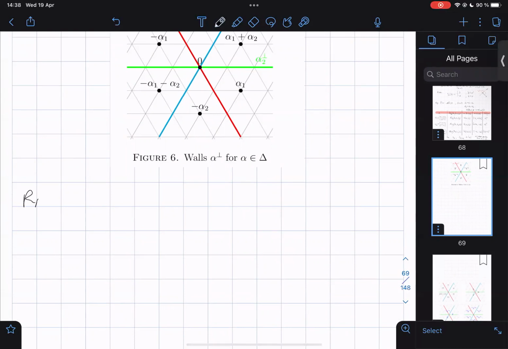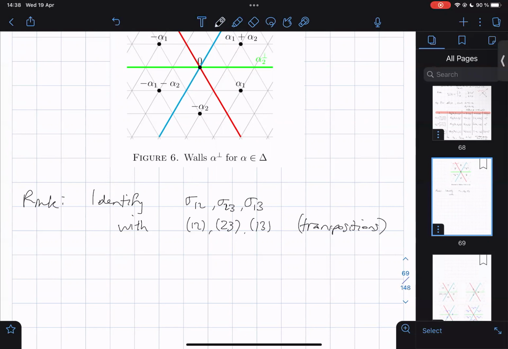So, remark: abstractly, what we're going to do is identify sigma 1, 2, sigma 2, 3, sigma 1, 3 with the corresponding transpositions in the symmetric group. Okay, this is abstractly.